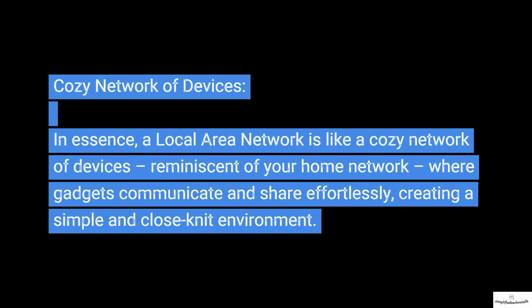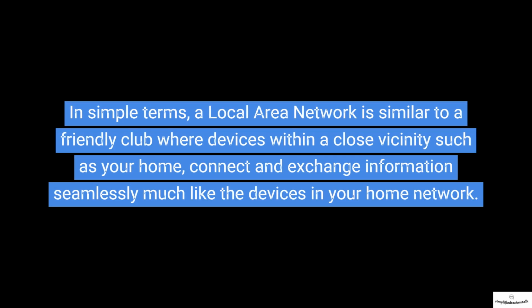In essence, a local area network is like a cozy network of devices reminiscent of your home network where gadgets communicate and share effortlessly, creating a simple and close-knit environment. In simple terms, a local area network is similar to a friendly club where devices within a close vicinity, such as your home, connect and exchange information seamlessly, much like the devices in your home network.